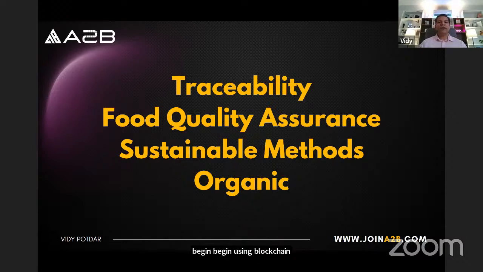In terms of agriculture, we can achieve traceability using blockchain. We can ensure the quality of your food is properly ensured, all the compliances are in place, and all that information can be recorded on A2B.